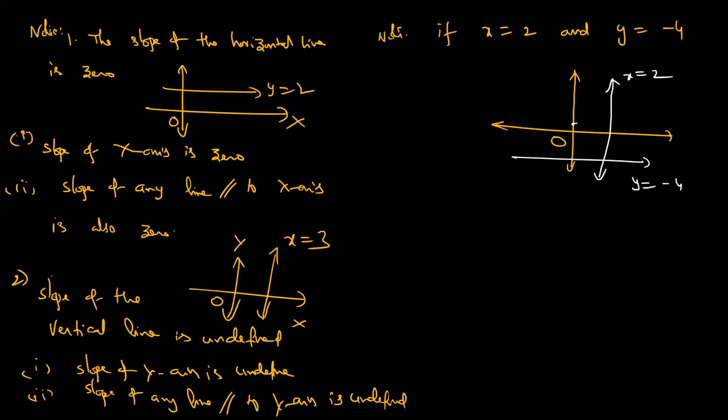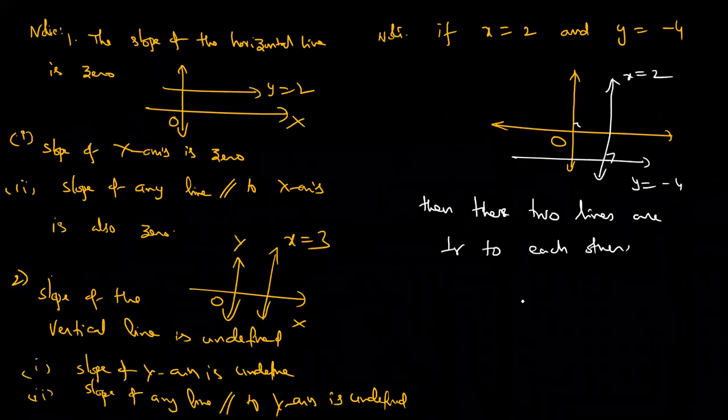Now, the angle between these two lines, how much? This is parallel to the y-axis and this line is parallel to the x-axis. That means this angle is how much? 90 degrees. Then these two lines are perpendicular to each other. Write down this case immediately.